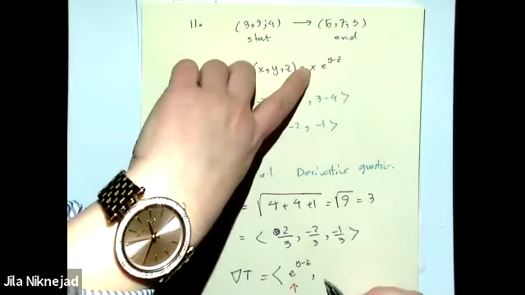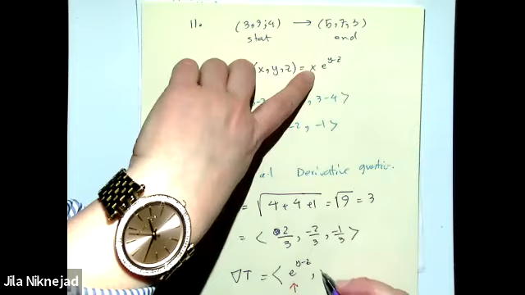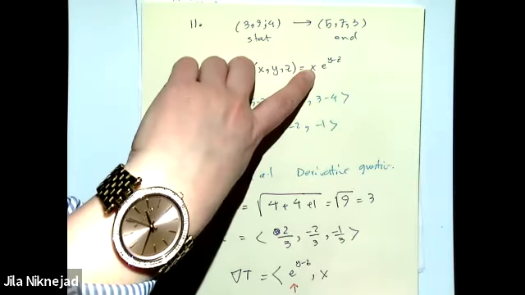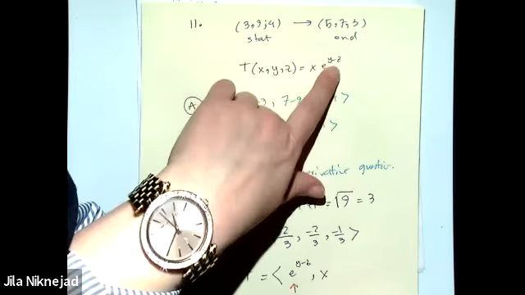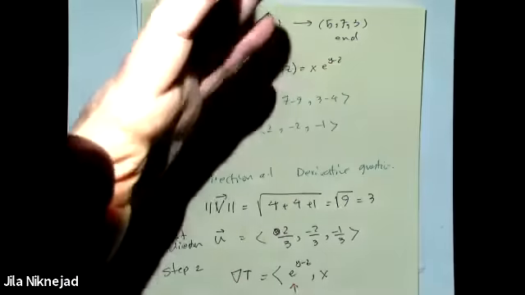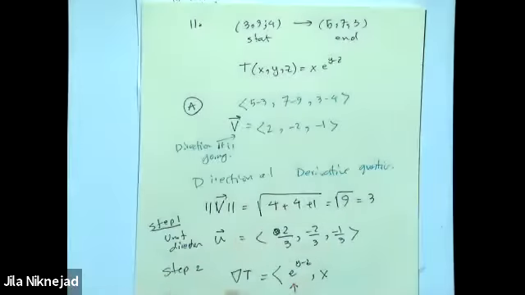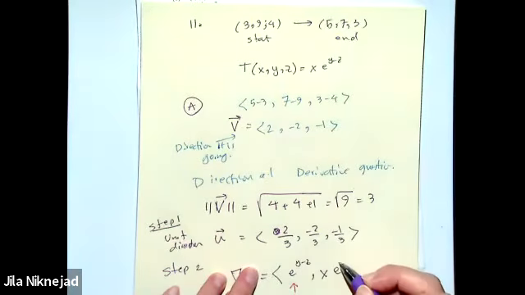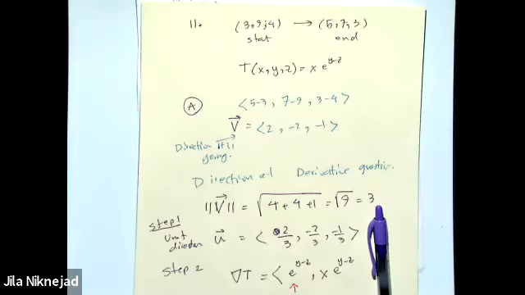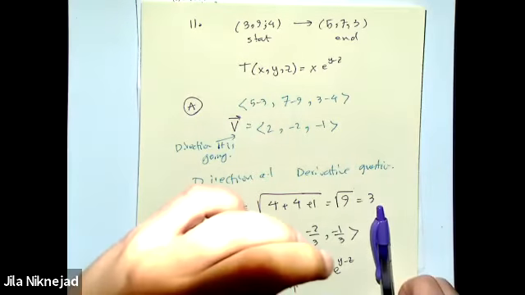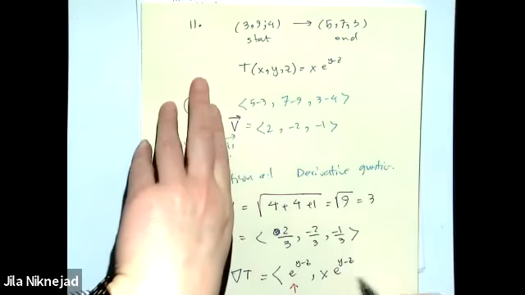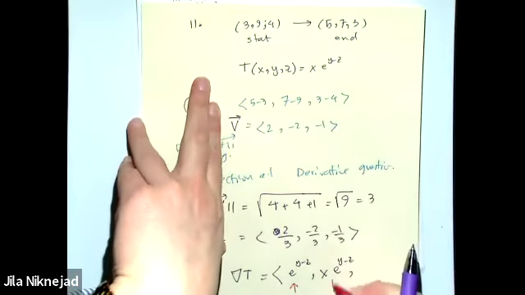Now, T sub y. X is the constant coefficient. E to the power y minus z, z is like a number. So exponentials are going to be themselves times the derivative of the inside. Derivative of y minus z with respect to y is going to be 1. So that's the partial with respect to y.